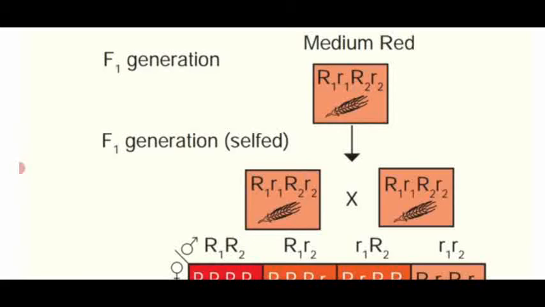If it is 2 R, what is the color? Medium red. 4 R means only dark red. 3 R means medium dark red color.